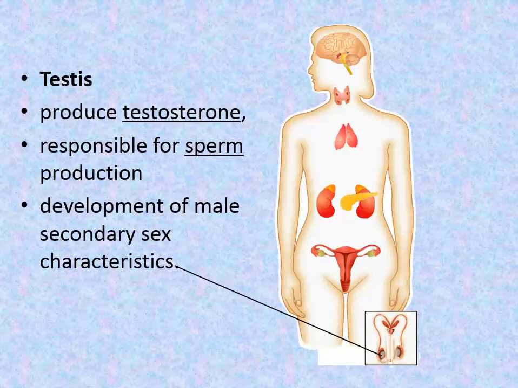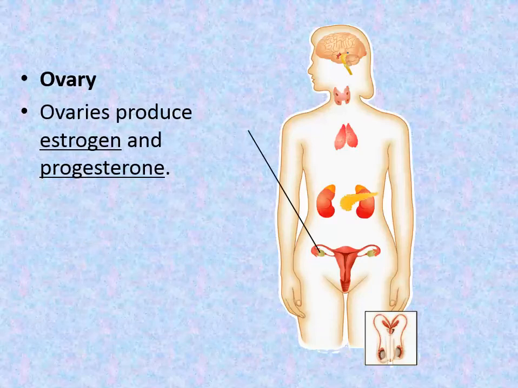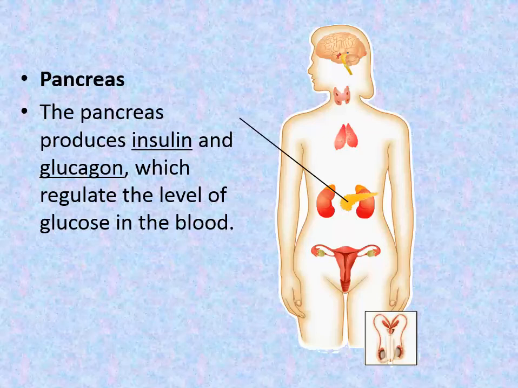Then the testes produce the hormones that are necessary for male secondary sex characteristics. That's also responsible for sperm production. Then you have the ovaries, which produce estrogen and progesterone, which have to do with females' characteristics. As I said earlier, the pancreas produces insulin and glucagon, and that deals with the blood glucose.